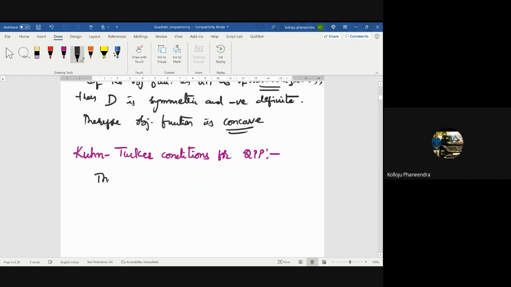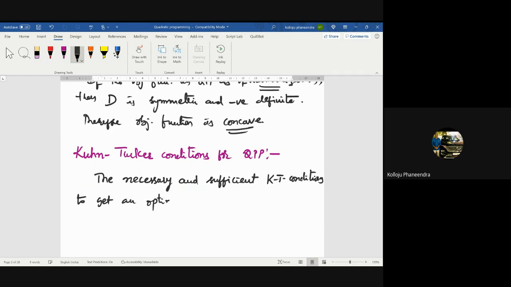Now I have to write the Kuhn-Tucker conditions. The necessary and sufficient KT conditions.